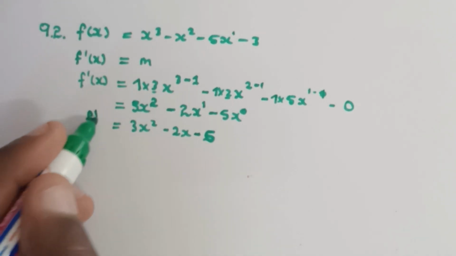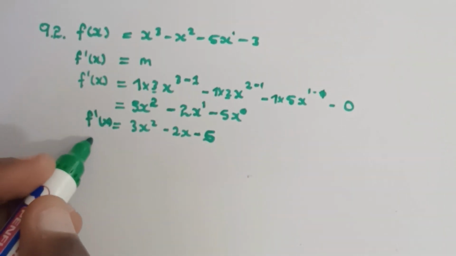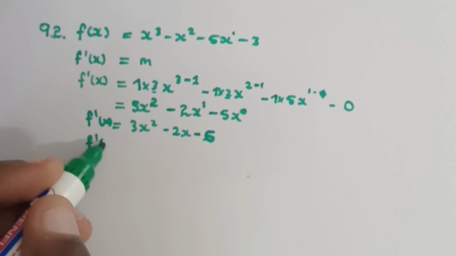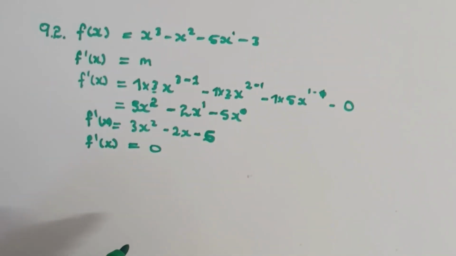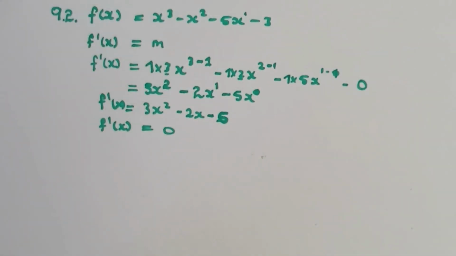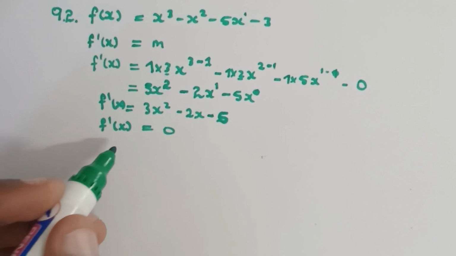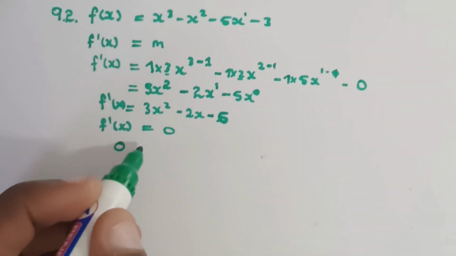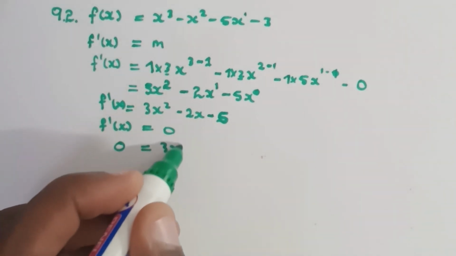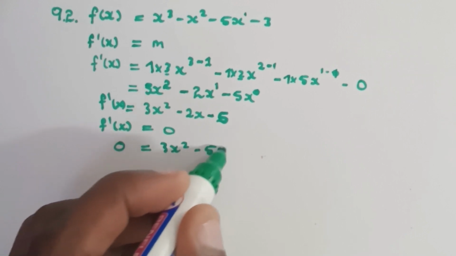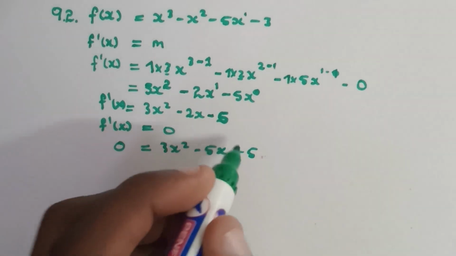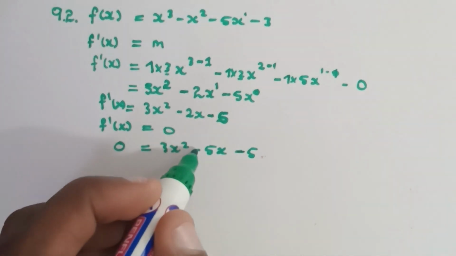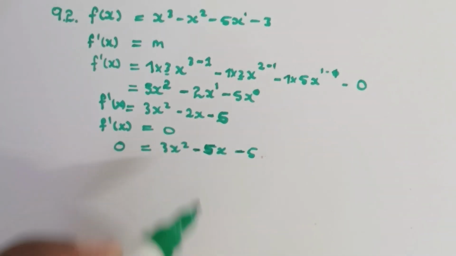So this one is f prime of x, and f prime of x should be equal to 0, because m is 0. So let's replace f prime of x with a 0. So now we say 0 is equal to 3x squared minus 5x minus 5, and then let's apply the quadratic equation to find the values of x here.